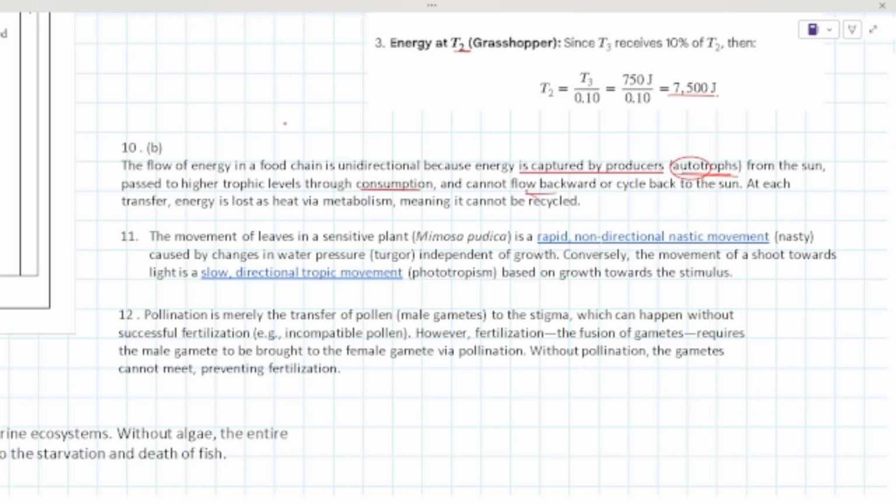Suppose a grasshopper or a deer eats grass. Can energy go back to the grass? No, it is not possible. It cannot flow backward or cycle back to the sun. At each transfer, energy is lost as heat by metabolism, meaning it cannot be reused.